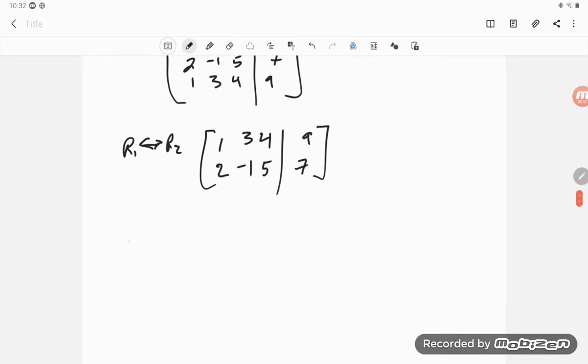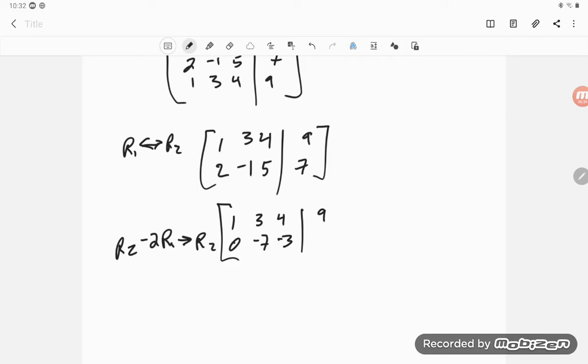Then I would take row 2 minus 2 row 1 and put that into row 2. And so I have 1, 3, 4, 9, and then 0, -1 minus 6 is -7, and 5 minus 8, sorry, is -3.